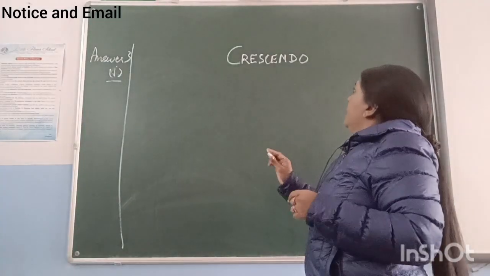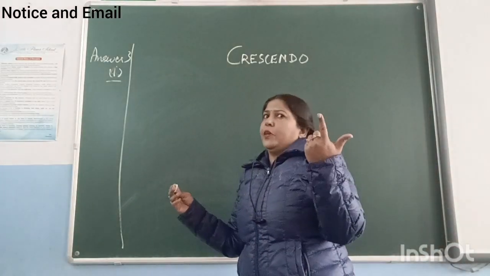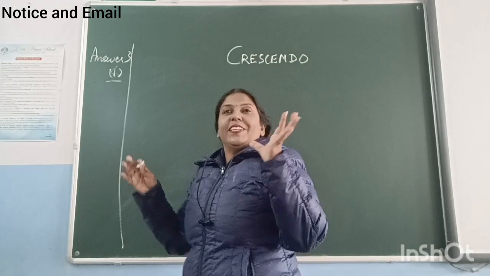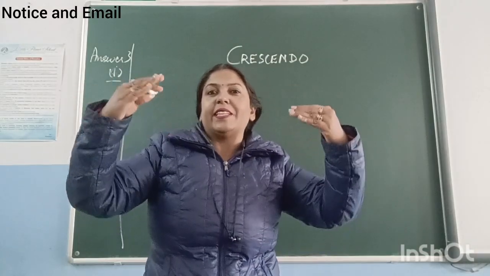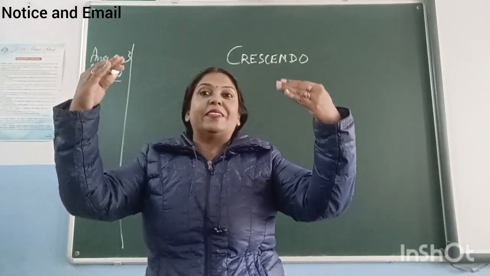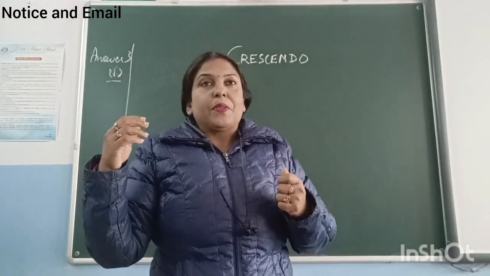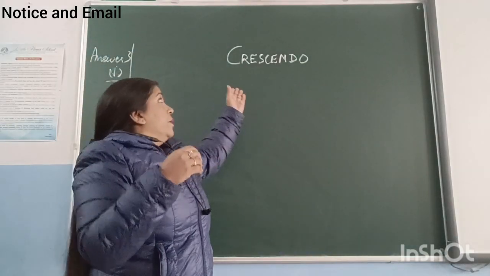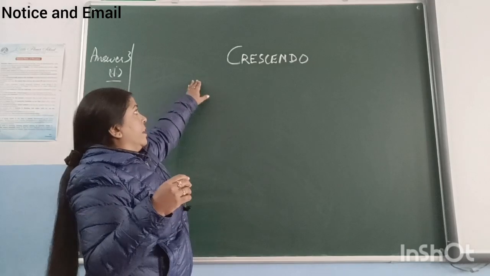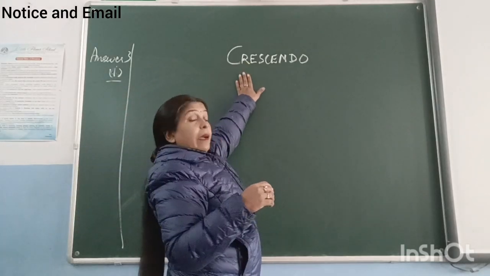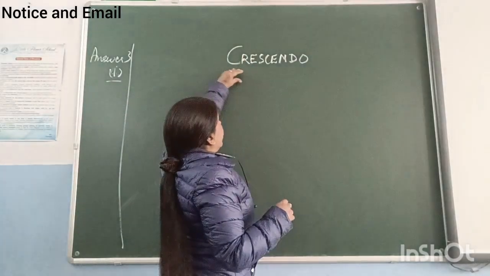This is a creative title. I am using just one word because crescendo means where the music gets louder and louder. So you can use crescendo. Then it's a center alignment, capital letter, bold letter, enough.